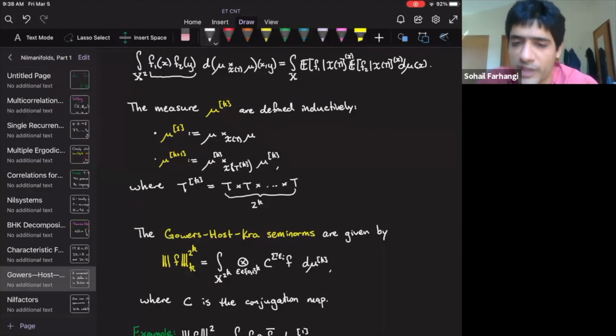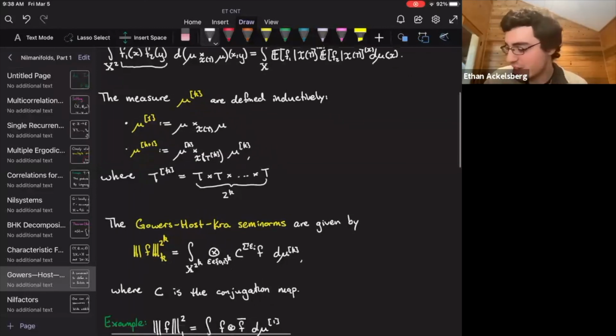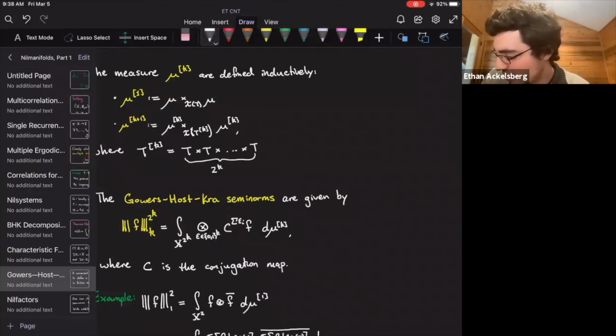And I can see the measure mu is defined on that space, but so let me write this out. What does this tensor product thing mean? It means I'm doing F of X_1. Actually it's going to be easier if I index my variables by binary sequences.